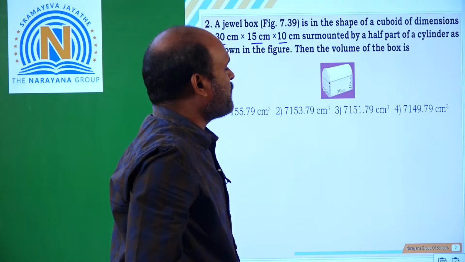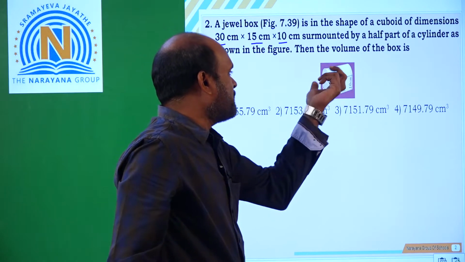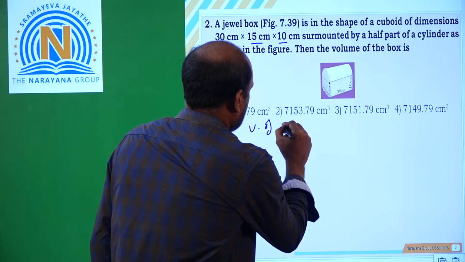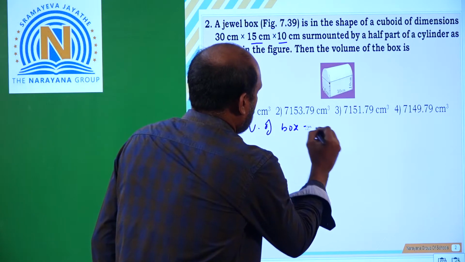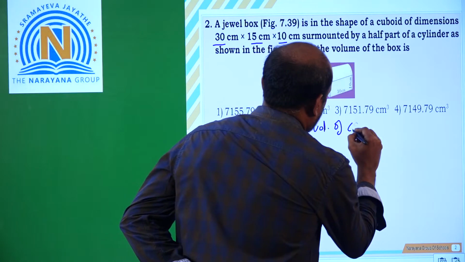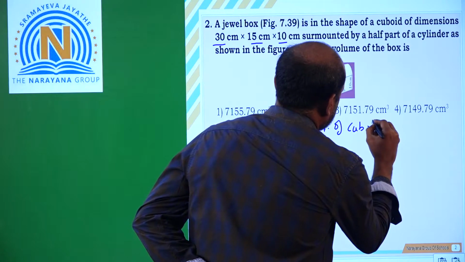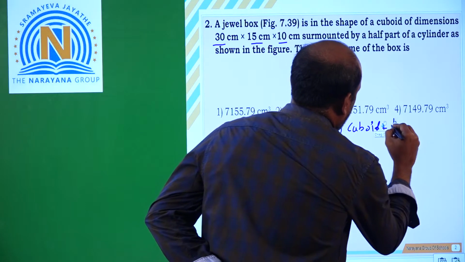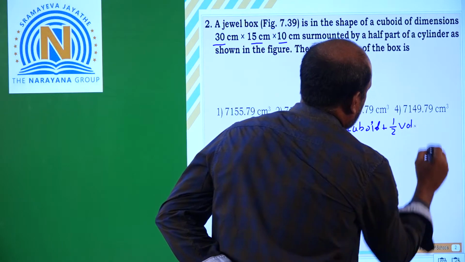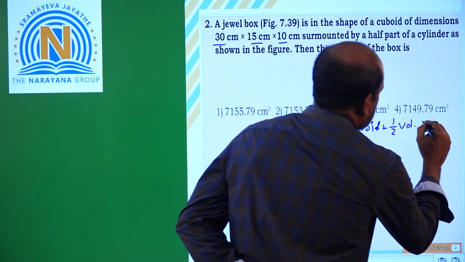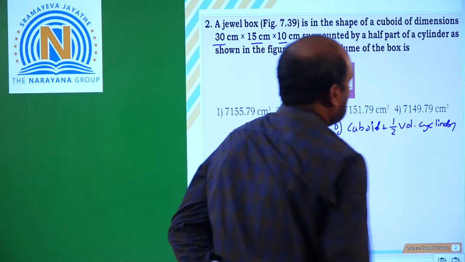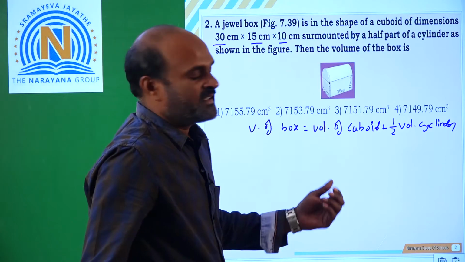The volume of the box is equal to volume of cuboid plus 1 by 2 into volume of the cylinder.